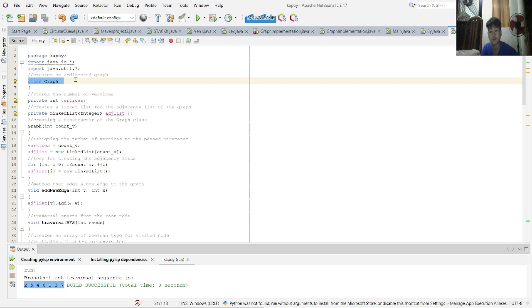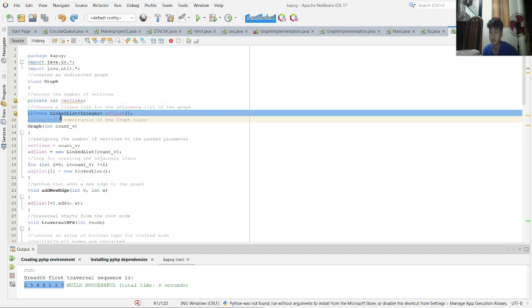The private int vertices means declaring a variable vertices to store the number of vertices in the graph.